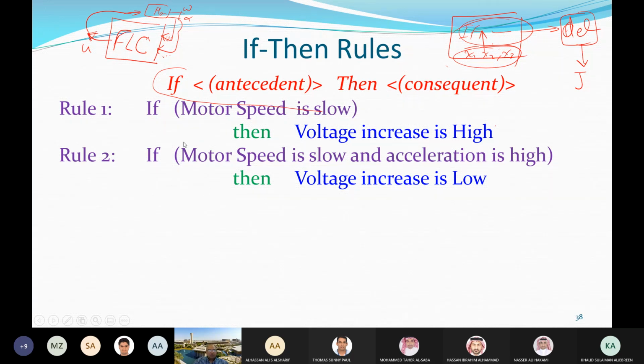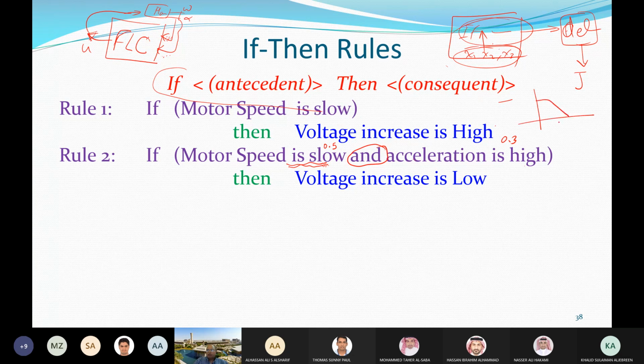Here this is the antecedent part. Look, we have and. When we measure the degree of membership of the speed, how much it is slow, the membership function value is equal to 0.5, and when we measure that the acceleration is high, we found the membership value equal to 0.3.